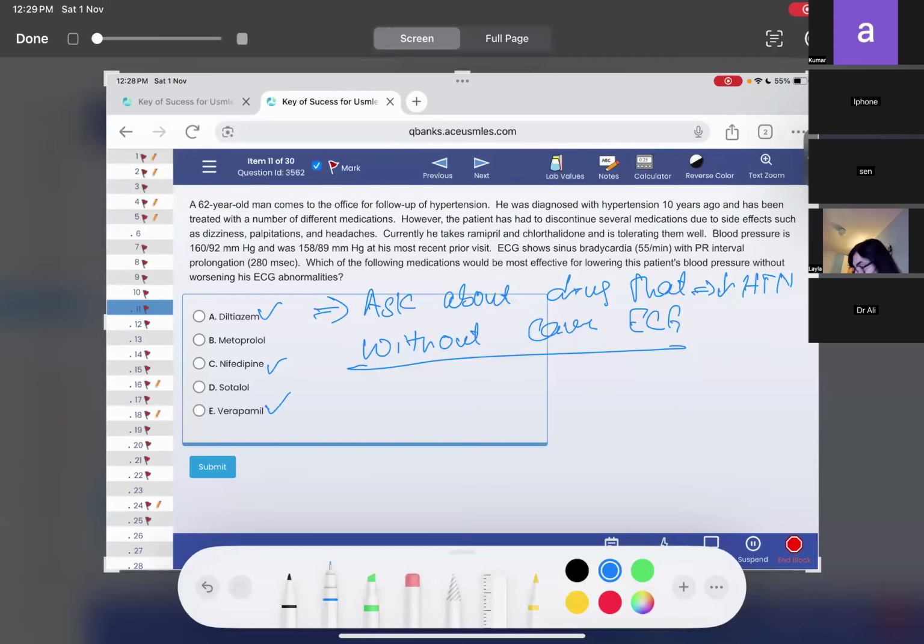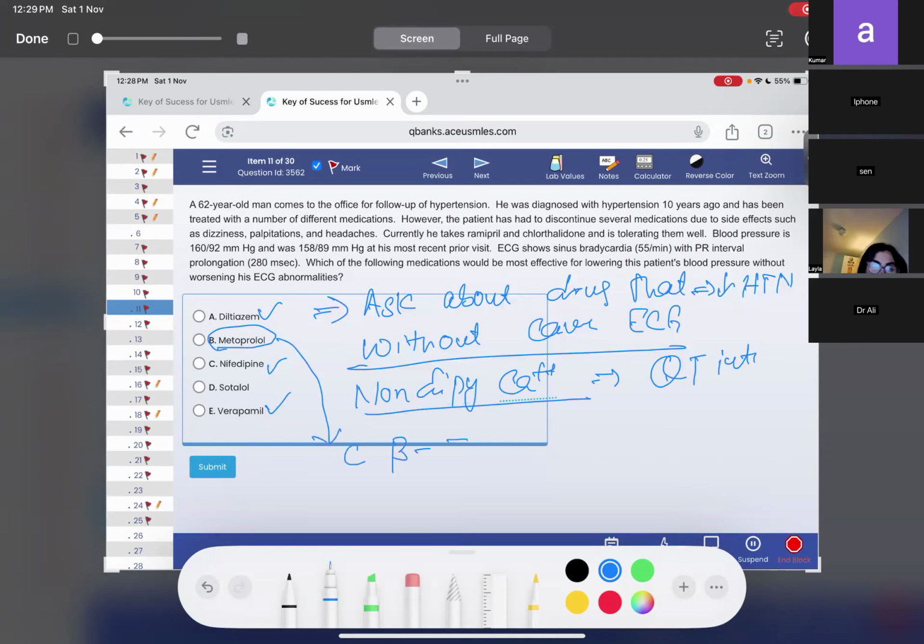Diltiazem and verapamil are non-dihydropyridine calcium channel blockers. These can cause prolongation of the QT interval, along with metoprolol, which is a cardioselective beta blocker, and it will also cause QRS and ST segment prolongation. And sotalol, as we discussed yesterday, will cause QT prolongation.